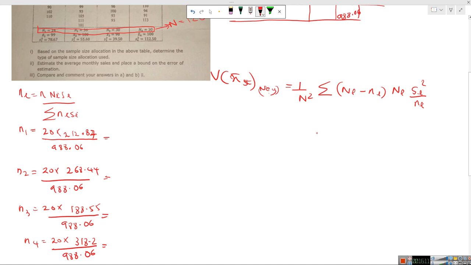So if you simplify these values, you get n1 is equal to 4.3, so approximately equal to 4. Again n2 is equal to 5.48, so this is like 5.5, so I can write approximately equal to 5. Again this one, 3.82, is approximately equal to 4.